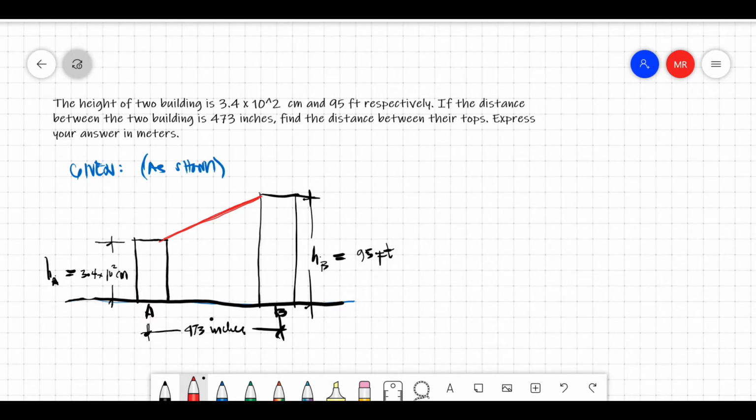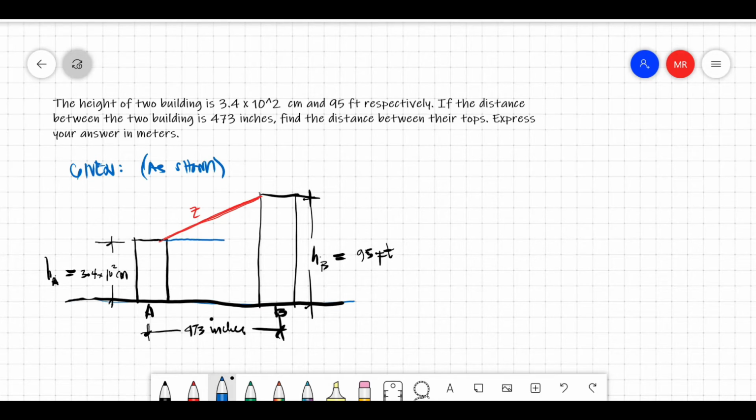That's the distance we are being asked of. Now how can we solve this distance? Let us try to analyze the figure. Let's say this is Z, the distance between their tops.